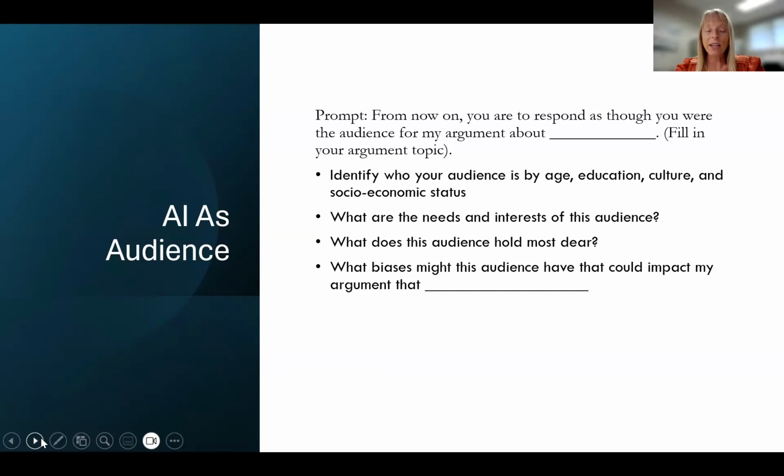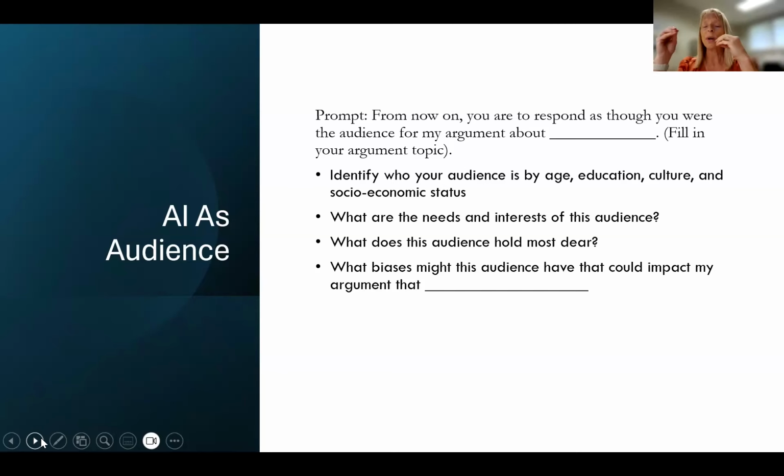I've actually given them a PowerPoint presentation with different questions that they can put into the AI to query and find out answers. But we start with prompting the AI generator: "From now on, you're to respond as though you were the audience for my argument about," and then they would put in whatever the claim is.